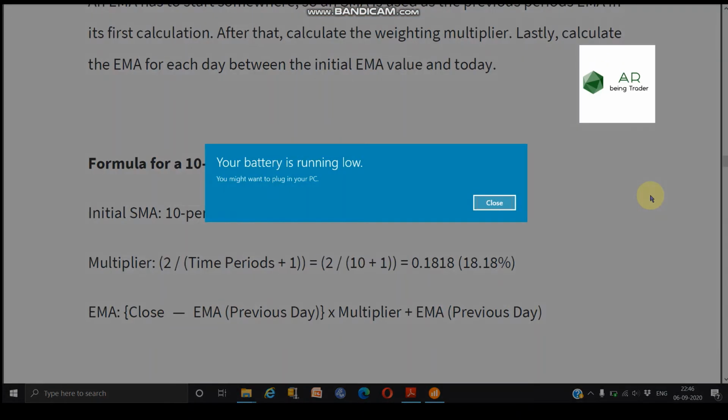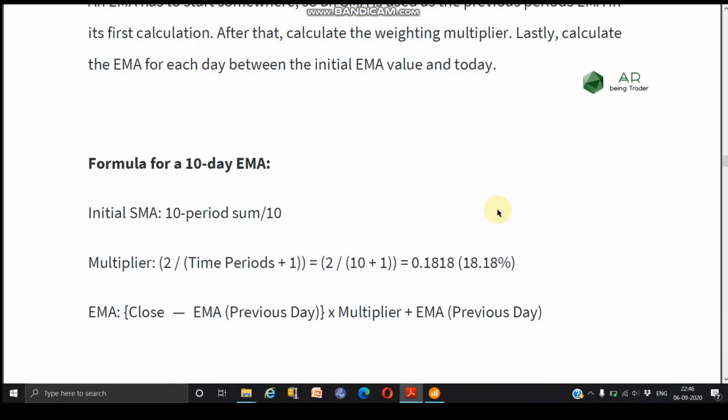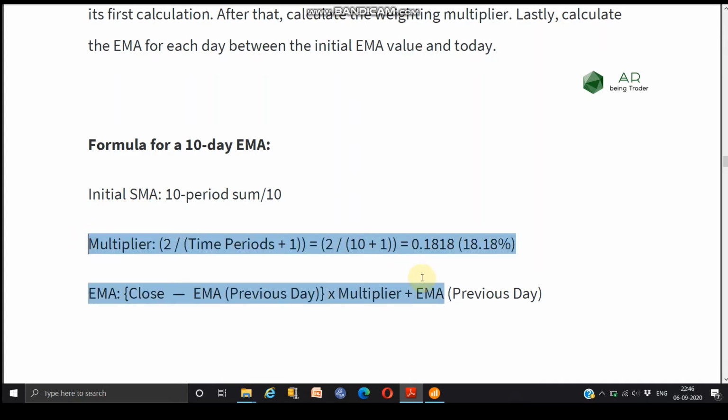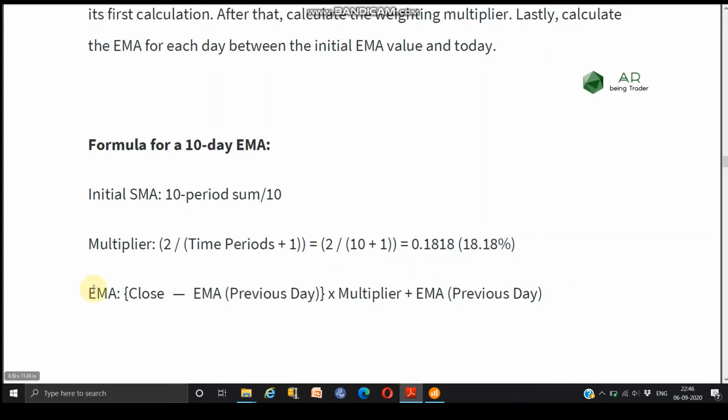Sorry guys, the formula. You can see how it is calculated. After calculating the previous 10 days SMA, we find the initial SMA. Then we perform these calculations to get the EMA.